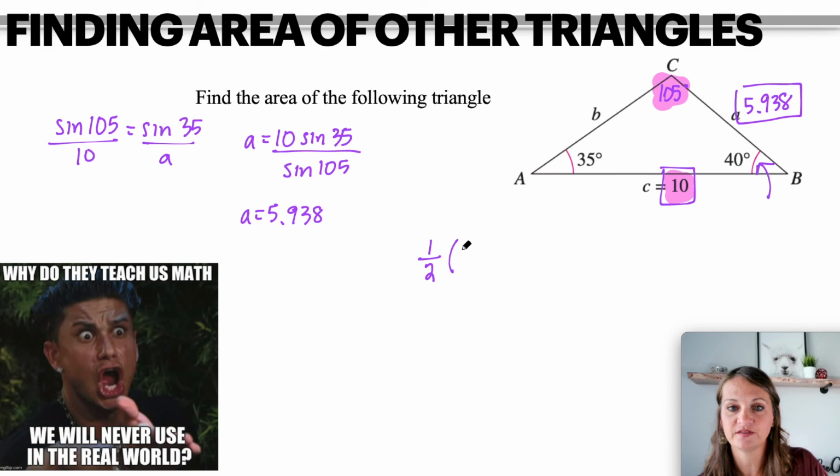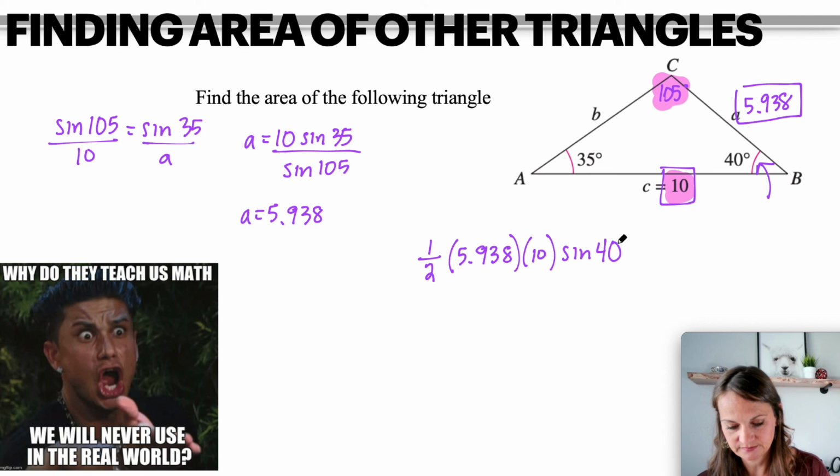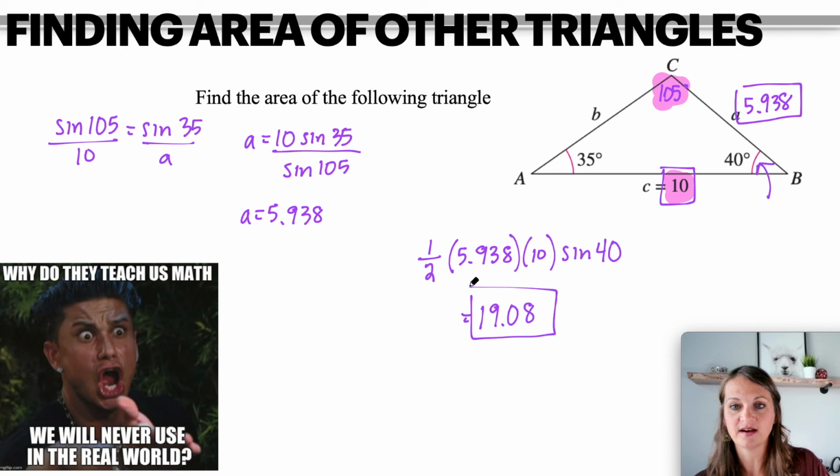So 1/2 times one side times the other side times the sine of the angle in between. And I believe we will get 19.08 for our area.